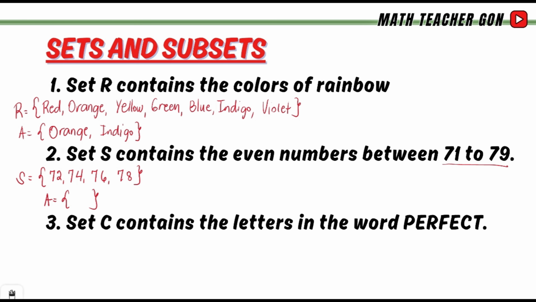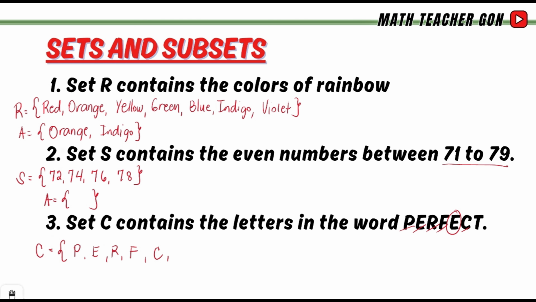And then lastly, you have number 3. Set C contains the letters in the word perfect. There should be no repetitions here. So you have P, E, R, F. Since E is repeated, you just write it once.